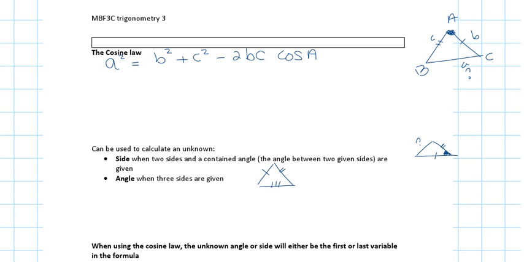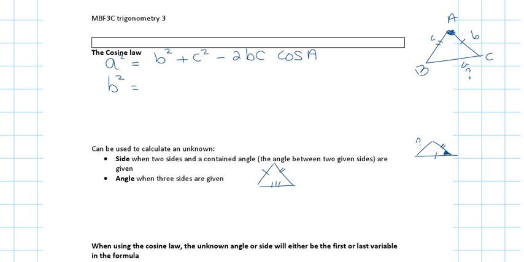Okay? Now in the case I'm looking for B, then what do I use? So if I'm looking for side B, which two sides should be given to me? A and C. Which angle should be given to me? B, right?